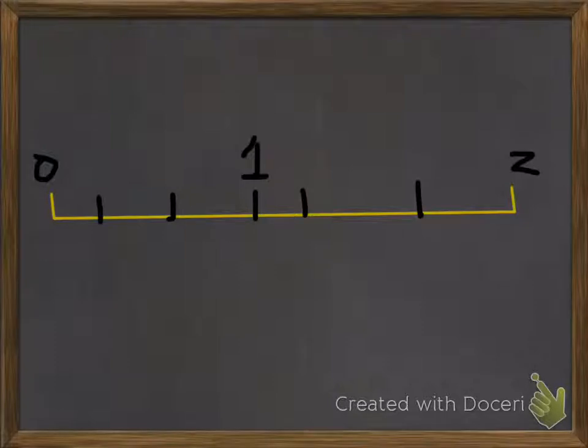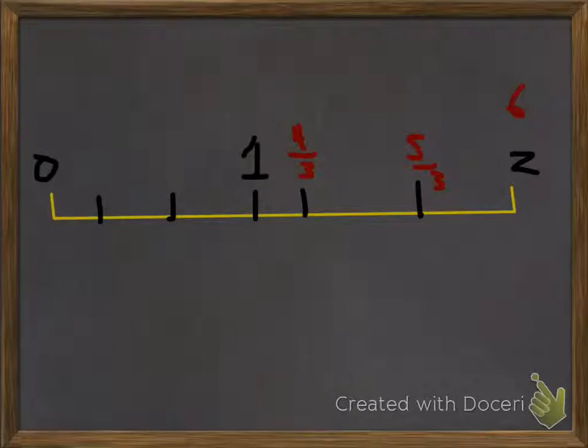So instead of this next line after 1 being 3 over 3, it'd be 4 over 3. And then 5 over 3.